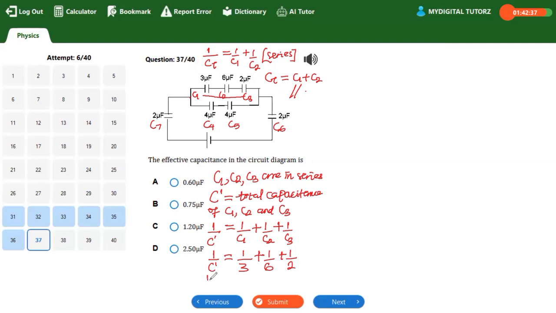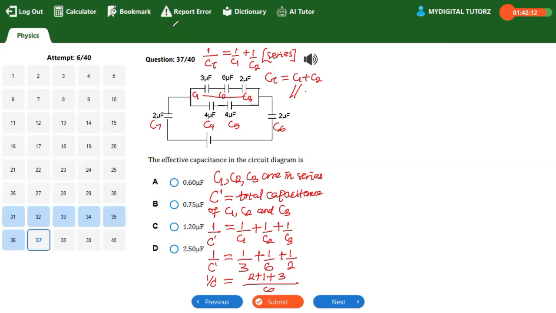So that I have 1 over C prime equal to, what is the LCM? LCM is 6. 3 in 6 gives us 2, right? 2 times 1 gives us 2 here, plus 6 in 6 is 1, 1 times 1 here gives us 1, plus 2 in 6 is 3, 3 times 1 here gives us 3.